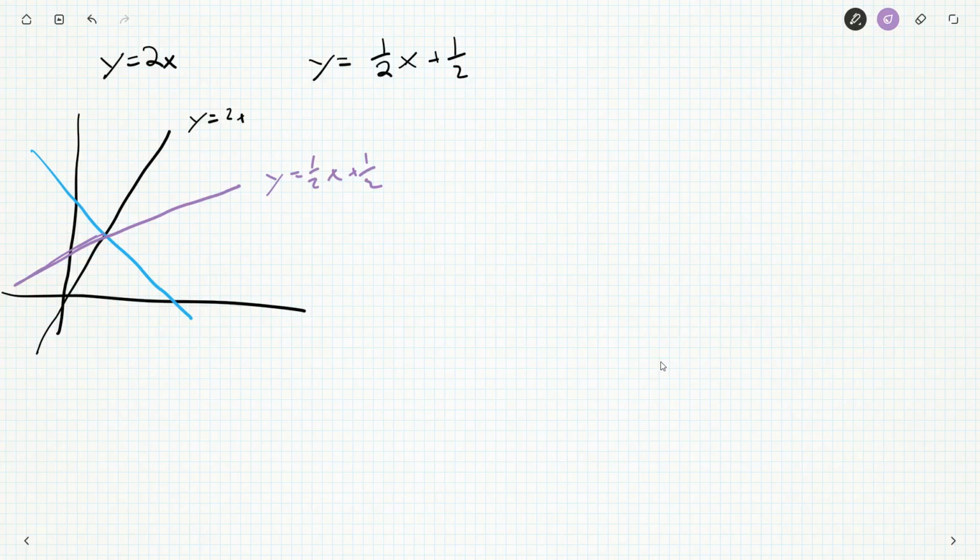So we were told that the intersection point was, for this one, 1/3, 2/3. So 1/2 of a third is a 1/6, plus another 1/2 is actually 2/3. Same thing with 1/2 of a third times 2 is 2/3. Okay, that's fine, that's clear. And they both have positive slopes.